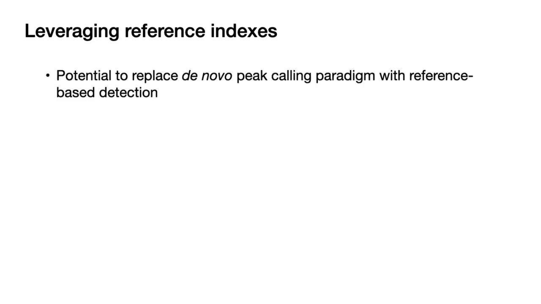In terms of leveraging reference indexes, there are really many things that one can do with these that greatly increase both the power and facility with which genomic data can be analyzed. First of all, having a reference index that's largely complete has the potential to replace de novo peak calling paradigms with reference-based detection, meaning that you can do an experiment, even relatively sparsely sampled, and by using the reference index identify elements with much greater power than you otherwise could have based on the data alone.